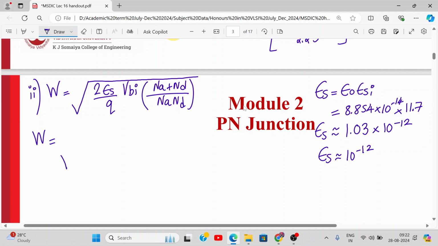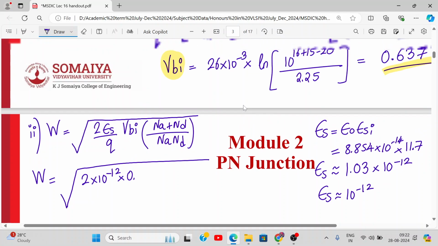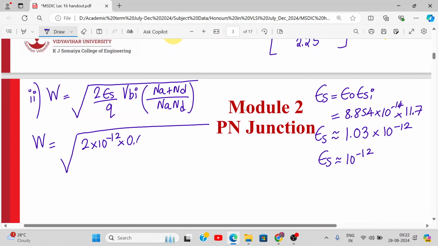So we substitute that over here: 2 into 10 raised to minus 12 into 0.637 divided by 1.6 into 10 raised to minus 19. Now calculate this also and keep it ready.